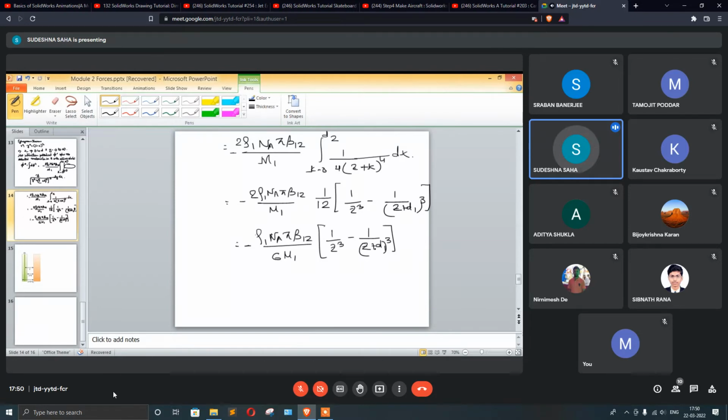Okay, so this is the interaction potential between one molecule in slab 2 and the entire slab 1. Now we integrate k equals 0 to d2 and we are writing here z plus d1.